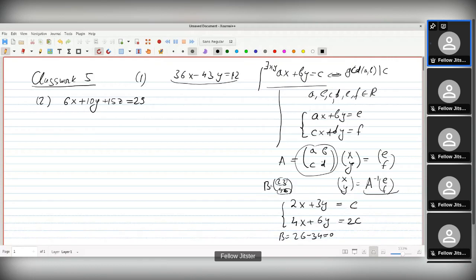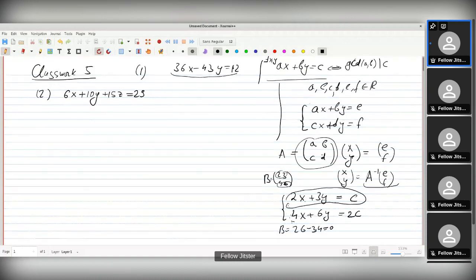Isn't it obvious? One? Oh, no. Infinitely many. Look, one equation, and this equation is essentially the same, for they are linearly dependent. One equation and two variables.